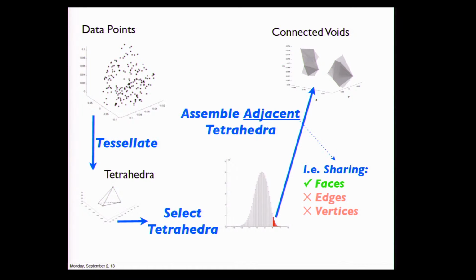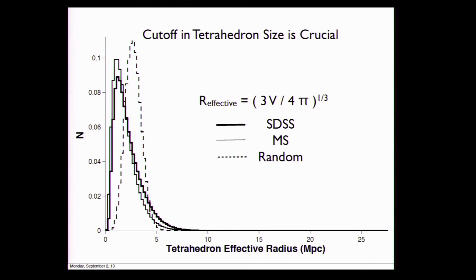Less restrictive choices end up not being as useful. So that's the basic scheme. It's incredibly simple. There's only one thing you have to fiddle with, which is this threshold for the tetrahedra you're going to include in the tessellation. Everything else is completely straightforward, no parameters, no smoothing.